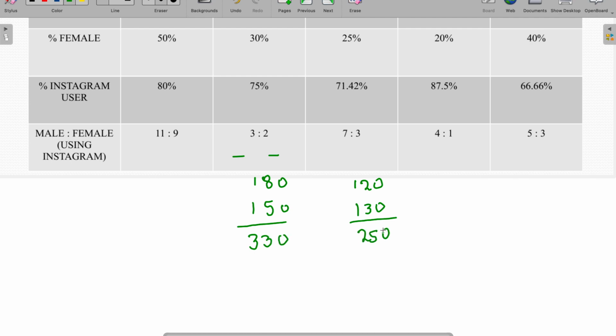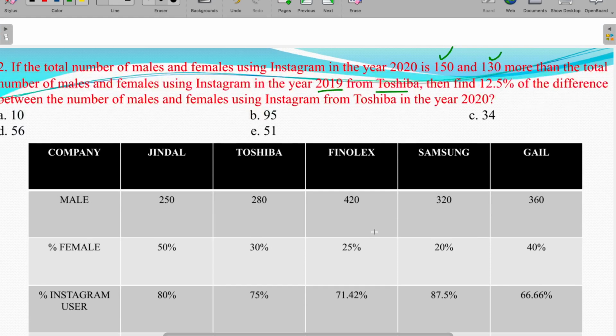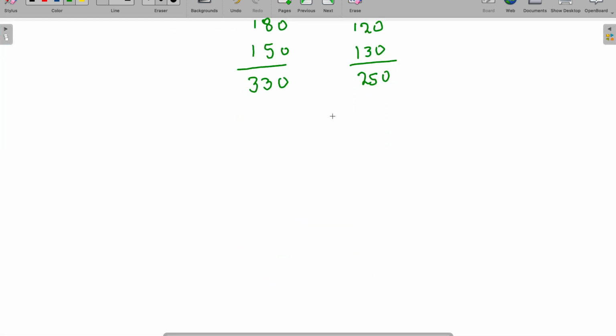Now what's the question? Let's see it. Find 12.5 percentage of the difference between the number of males and females using Instagram from Toshiba in the year 2020. So in 2020 in Toshiba, males are using 330, females are using 250. I will take the difference first.